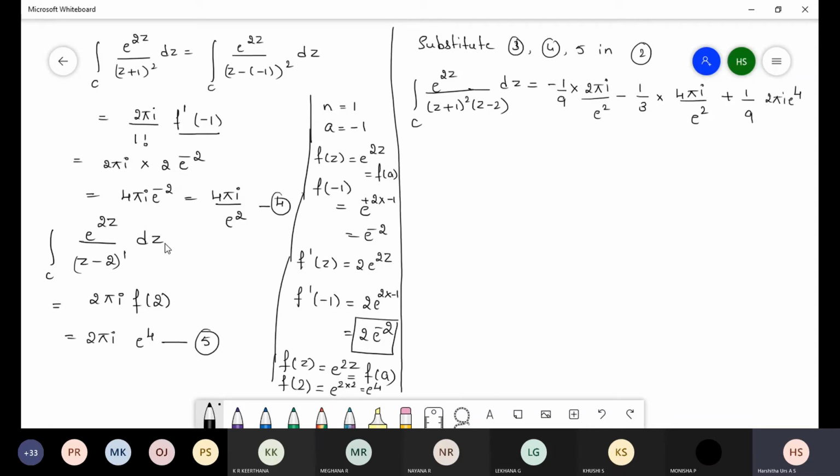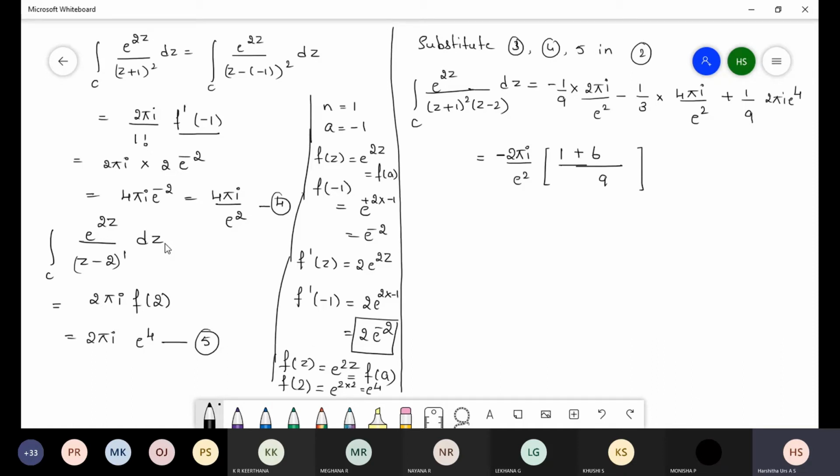Now you can see the first and the second have the same term. So I will write 2 pi I divided by e square as a common term in the first and the second, and the minus I will write outside. So the LCM is 9 here, which means 1. Again here 2 pi I I have already taken outside, so 3 to the 6.